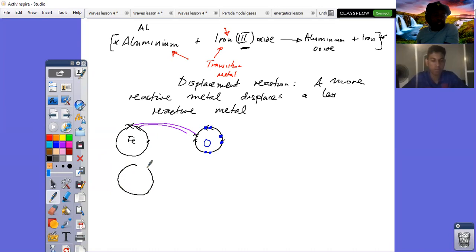Yeah. So we're working at it from first principles here, but I'm going to show you a much easier way of thinking about it. So here's another iron, and here's another oxygen. Again, like before, this one has 6 as well. So one's going to come from here.